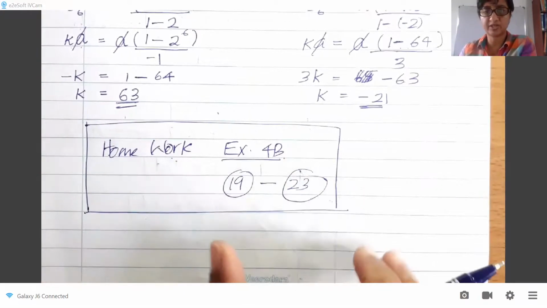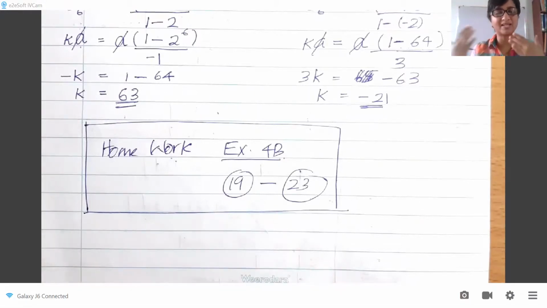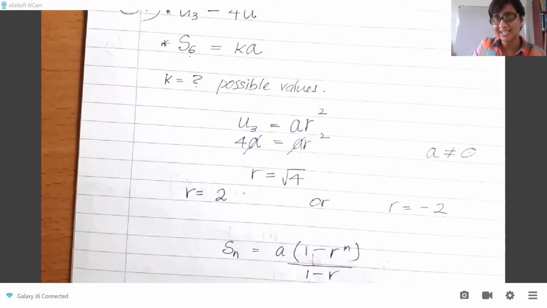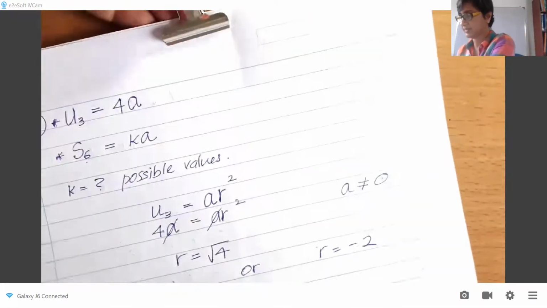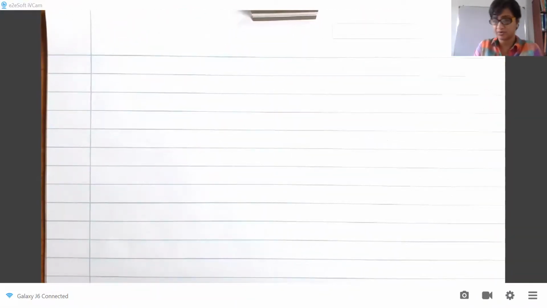So you can turn to a new page. The section topic is sequences and series. But that part is over and you have what is called binomial theorem under this topic, because it has something to do with a pattern, like a sequence. Right. So on a new page, put your topic.